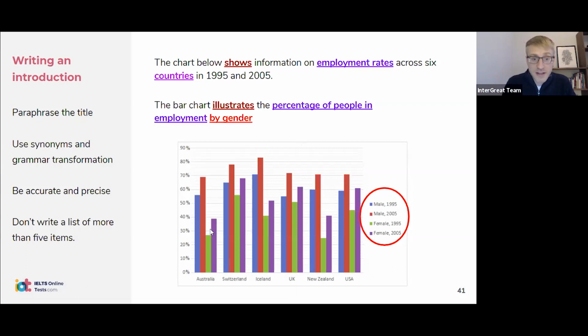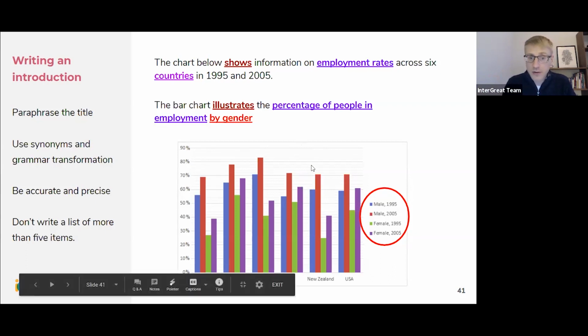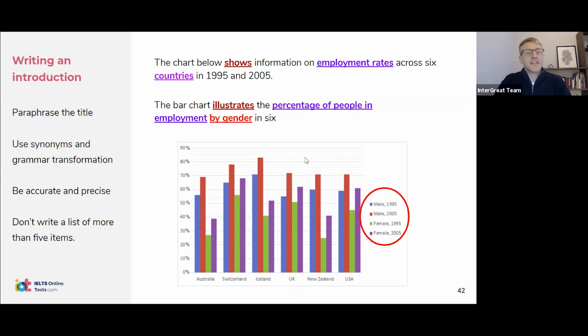And we want to then say the place. So we've got 6. Instead of saying 6 countries, what's a good synonym for countries? Very good, Tunliver. You can say nations, 6 nations. And then finally, we put the time, right? The time period usually comes at the end of the sentence. So we can say in 6 nations in both 1995 and 2005. Good.